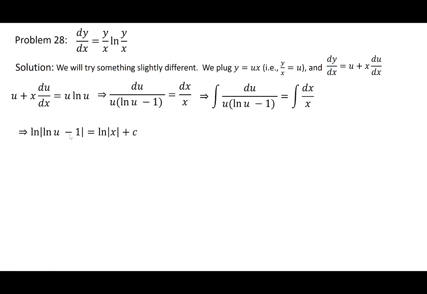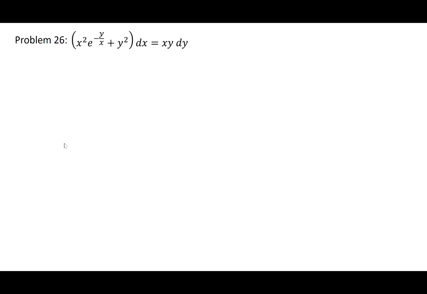Cool? If you want to actually scribble that part, please be my guest. That's all I did. By substitution, w equals natural log of u minus 1, I got this one. And just plug back, you're done. Next.